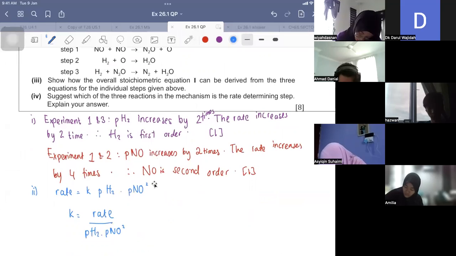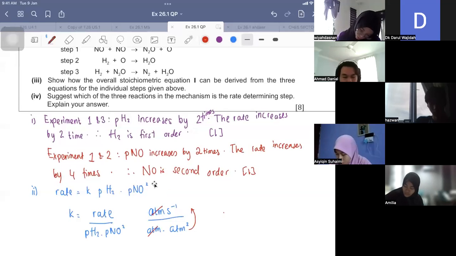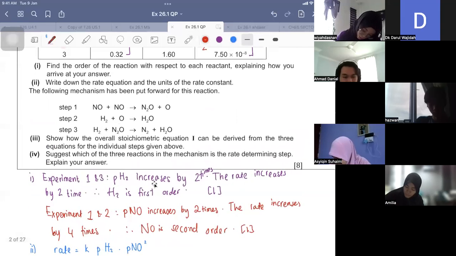It doesn't matter what the unit is, but the method of finding the unit is the same. So atm s^-1 over atm times atm squared, so they cancel out. We bring up the atm, so it becomes atm^-2 s^-1.